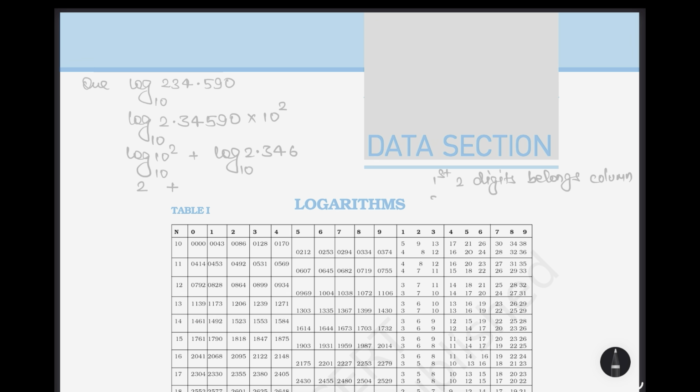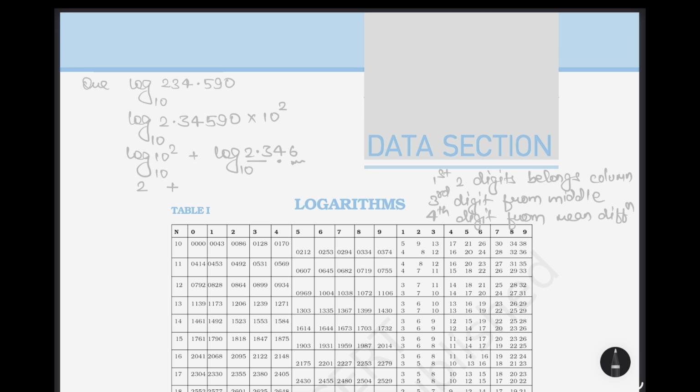Now the third digit is from the middle thing. Okay, now 2 digits done, third digit done. Now focus on the fourth digit, which is from the mean difference. This is your mean difference table. Okay, so this is important.